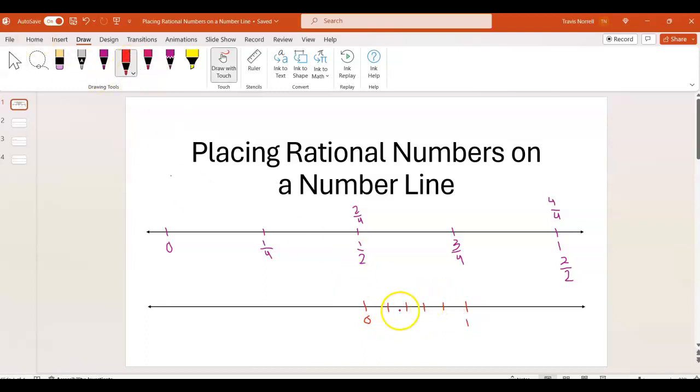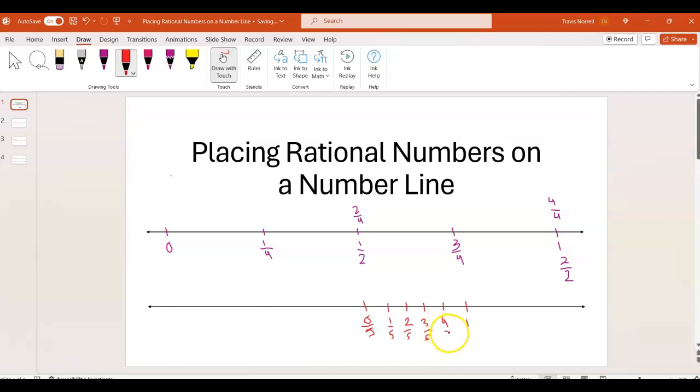So as I break this up now, I've got 0/5, because I've got it broken up into 5 equal sections. This one would be 1/5, 2/5, 3/5, 4/5.